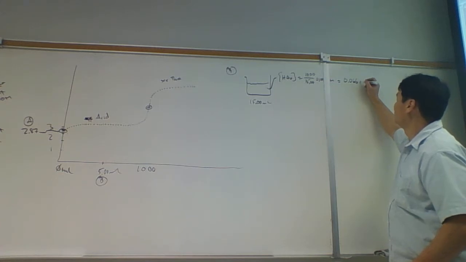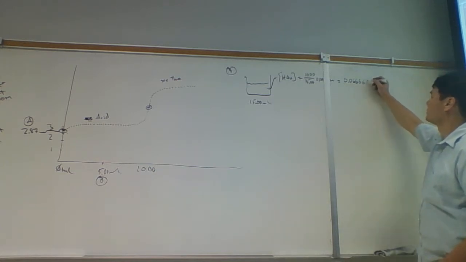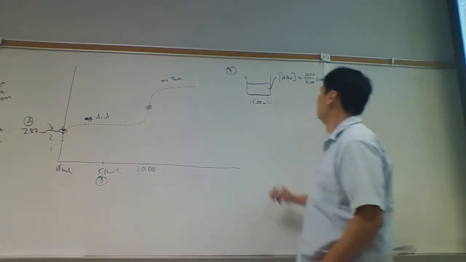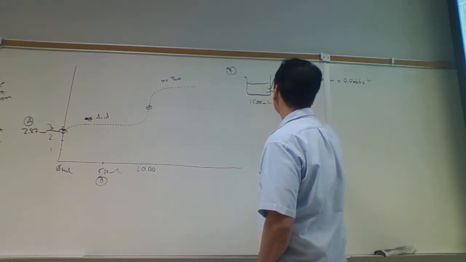So actually 2/3, I'm going to get 3 sig figs. We'll just go with 1 extra, so 0.0666 molar. All right, that's acetic acid. Then we're going to go with the sodium hydroxide concentration.